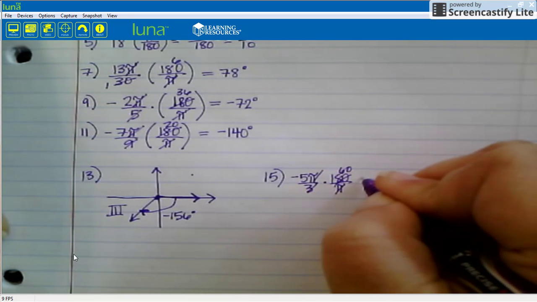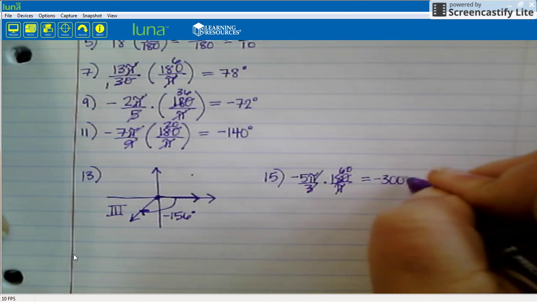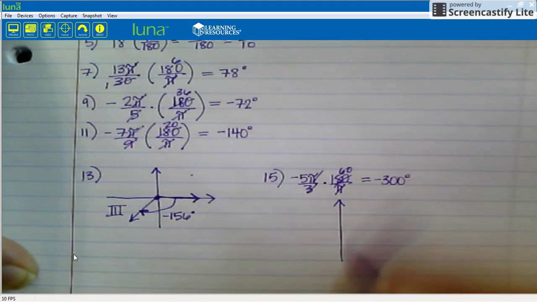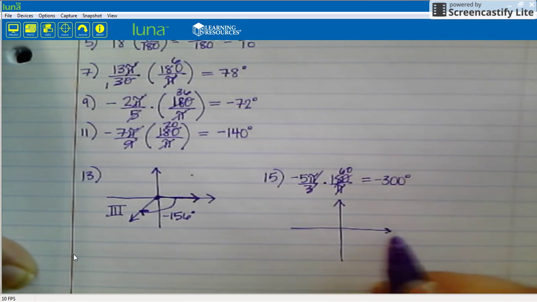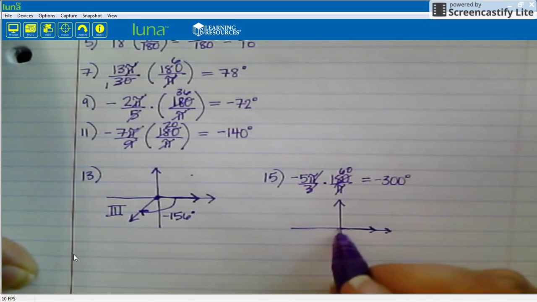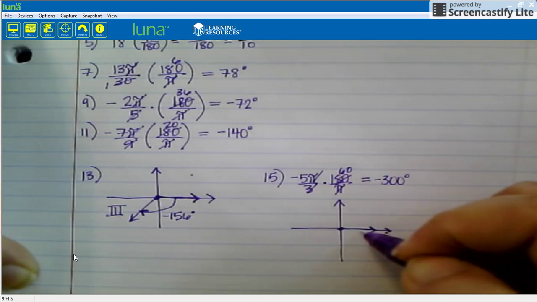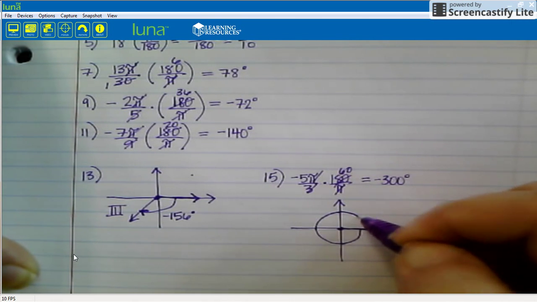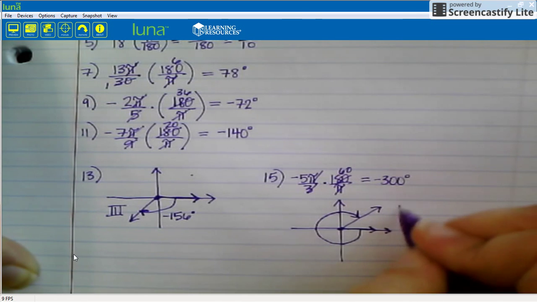So this is going to be negative 300 degrees for me. And so I'm going to draw in my coordinate plane. And if I'm negative, that means I'm moving in the clockwise direction. So this will be negative 90, negative 180, negative 270, and negative 300 will be here. So that means I'm going to fall in quadrant 1.